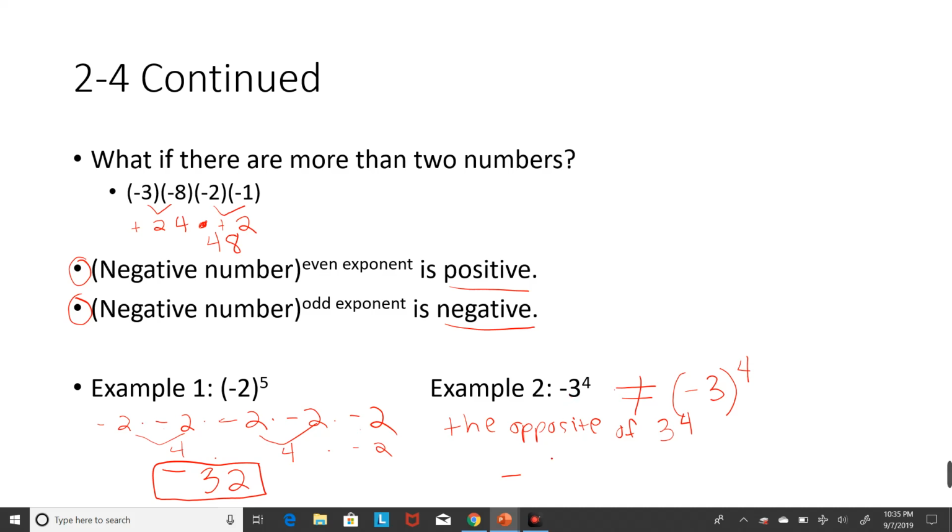And 3 to the 4th, you can work out on your own, comes out to 81. So we get negative 81. But negative 3 in parentheses raised to the 4th power is going to be positive 81 because this is an even exponent. So all the negatives will get paired up with a buddy and turn into positives.